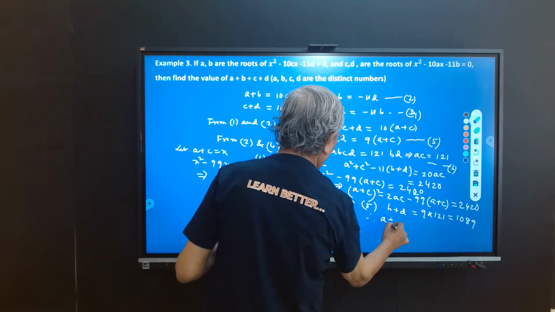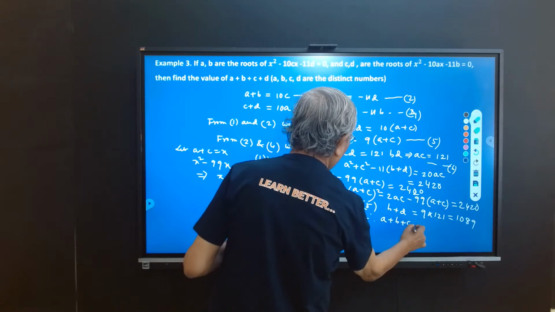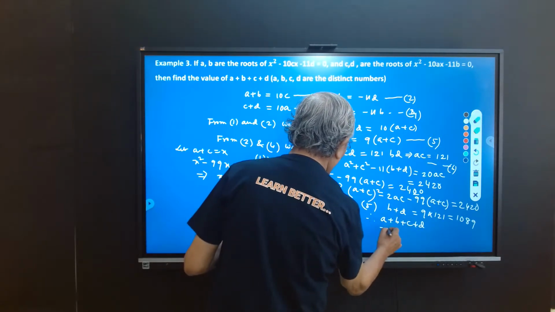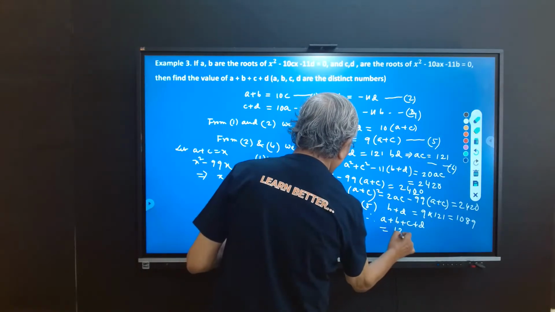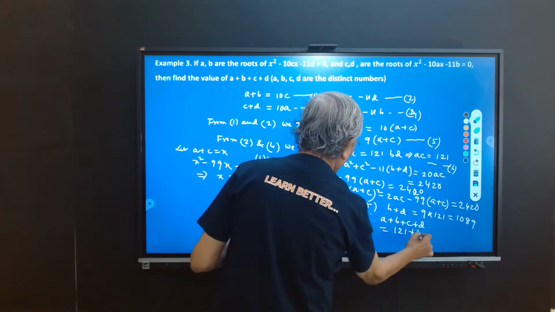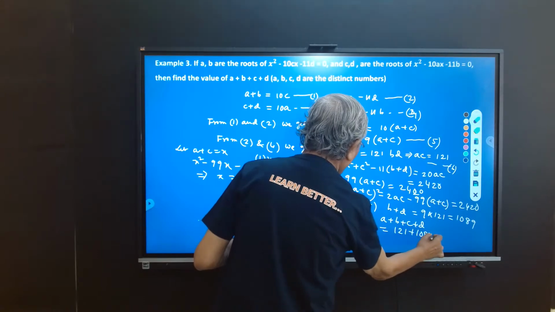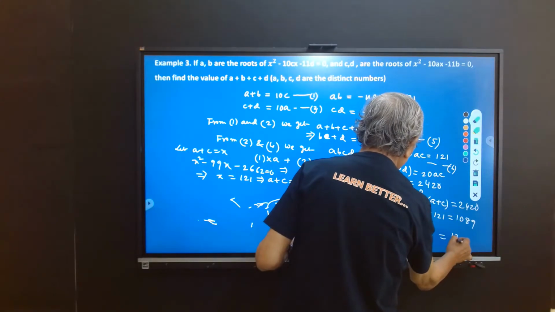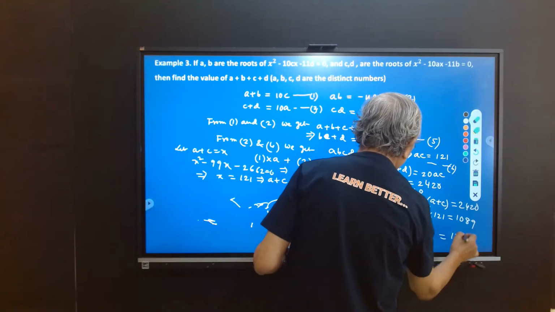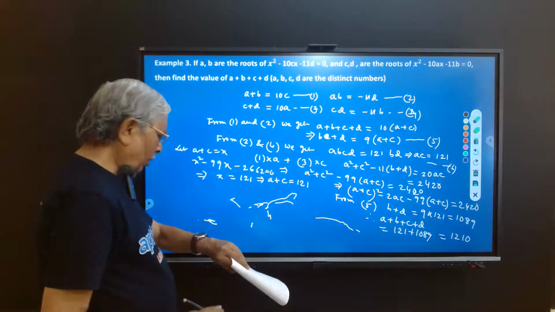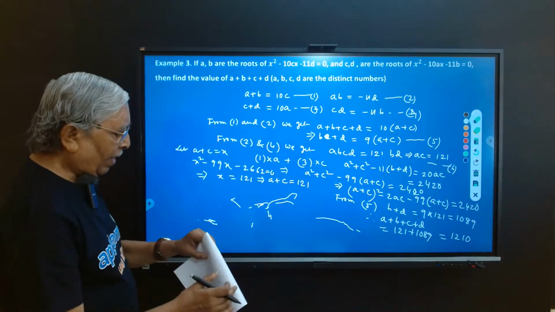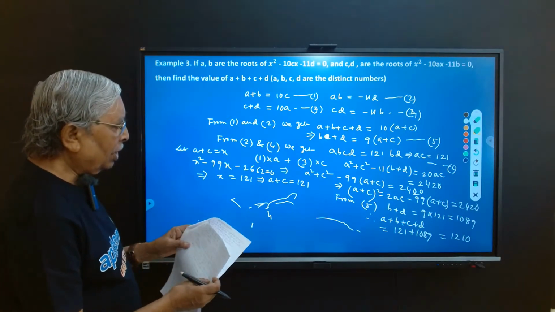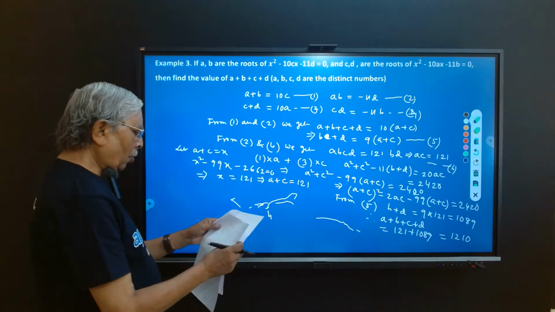Therefore, A plus B plus C plus D will be equal to 121 plus 1089. The final result is 1210. So the value of a plus b plus c plus d is equal to 1210.